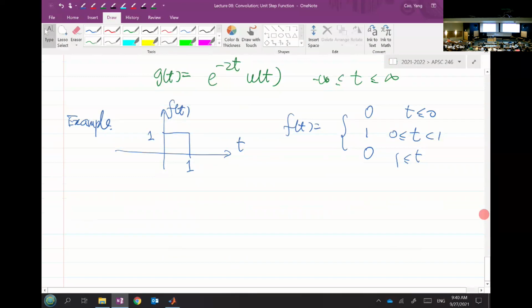You can have a little bit of observation here, and then you will probably have it. But let me give you a little bit of a hint. I'm going to plot u of t first. This is u of t.